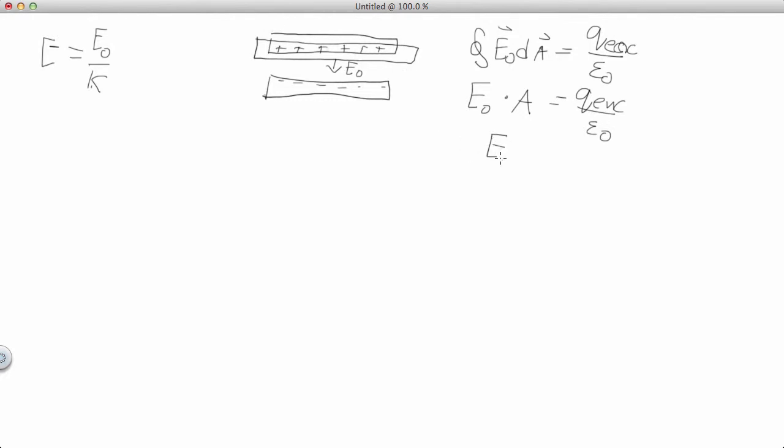And so E naught, our original electric field without the dielectric, is Q, the charge on the capacitor, divided by A epsilon naught.